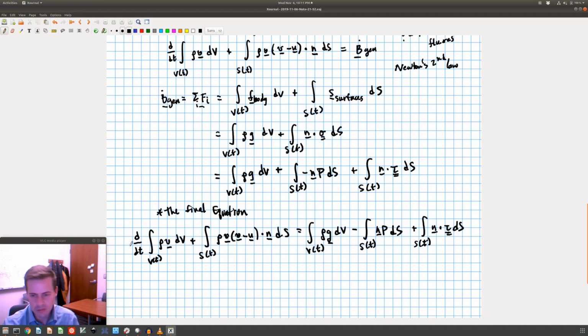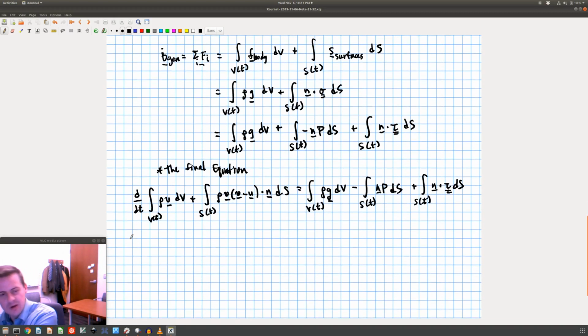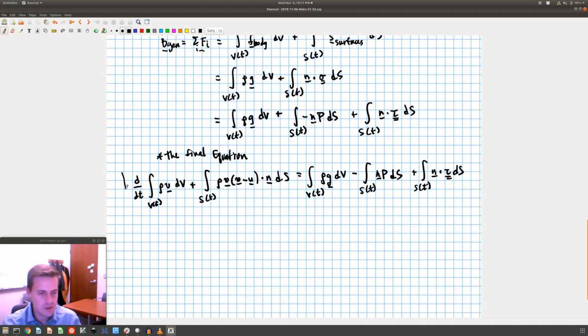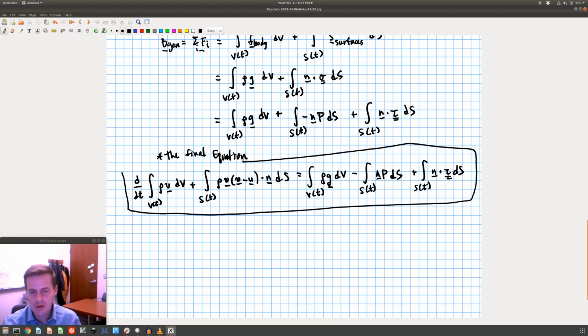I'm going to try to put a box around it, but we'll see if it works out. I might give up. All right, so that's the integral momentum balance. And really this is just a statement of Newton's second law, but for systems that are open.